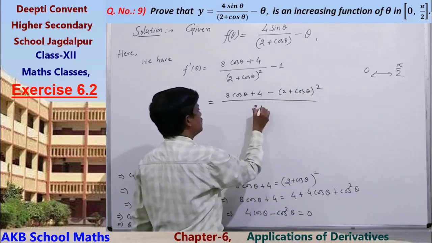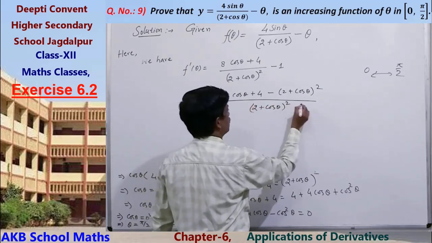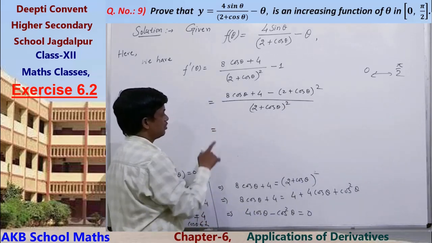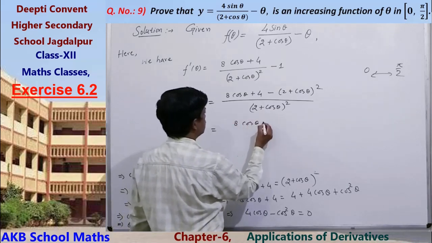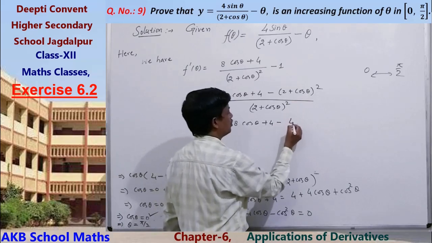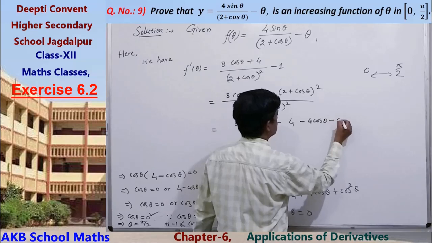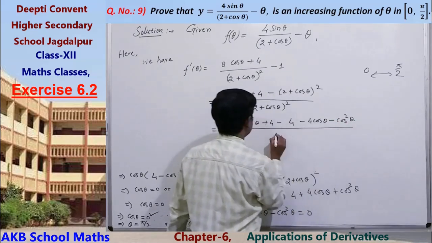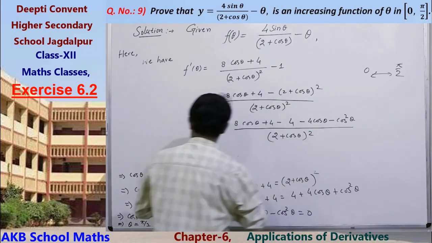Now solving, 8 cos theta plus 4 minus (4 plus 4 cos theta plus cos square theta) upon (2 plus cos theta) square.